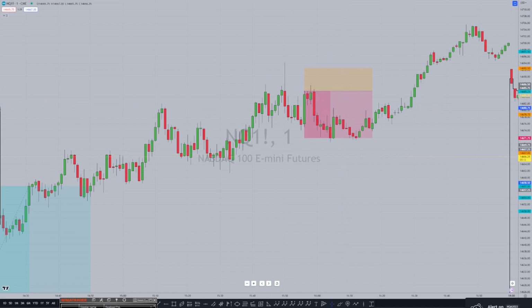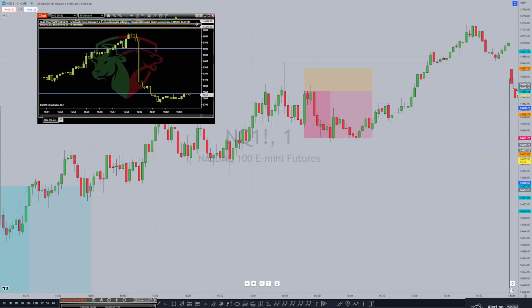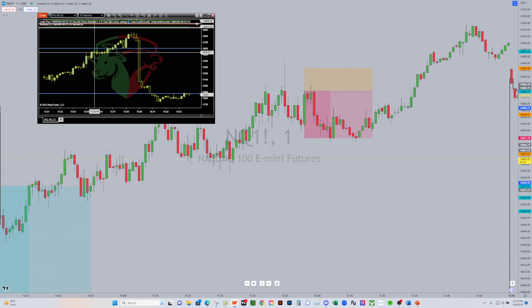Let's see if I can find this thing on the delta before we wrap this thing up. All right. So you can see the delta kind of going up. There's a little bit of divergence in the price and the delta.